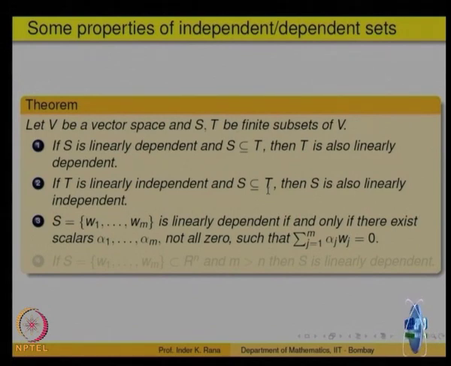If it is true for elements of T, then obviously it is true for elements of the subset also. Another way of saying linear dependence: a set is linearly dependent if and only if, that is a definition actually of linear dependence, at least one element of S is a linear combination of the remaining ones.